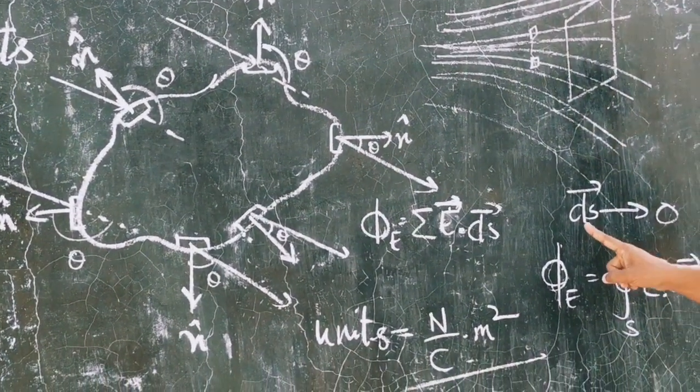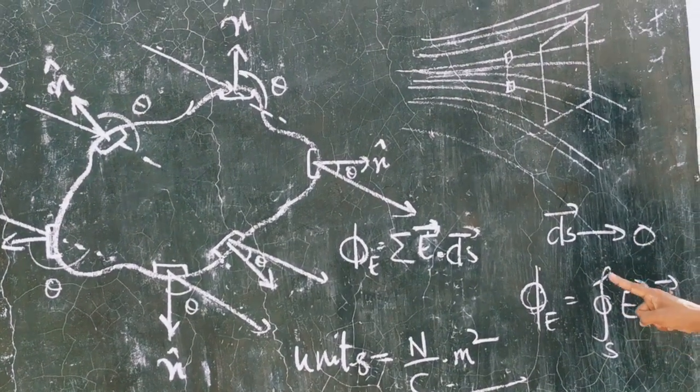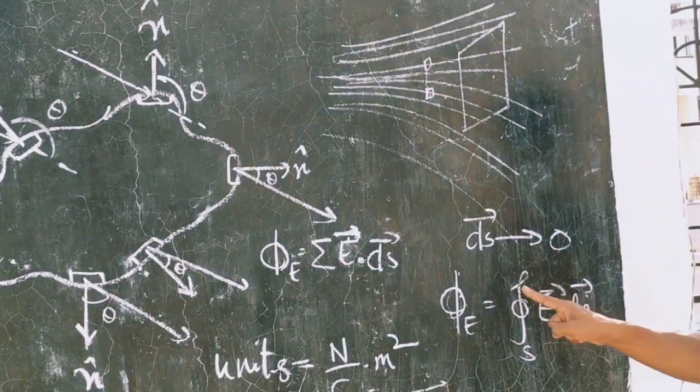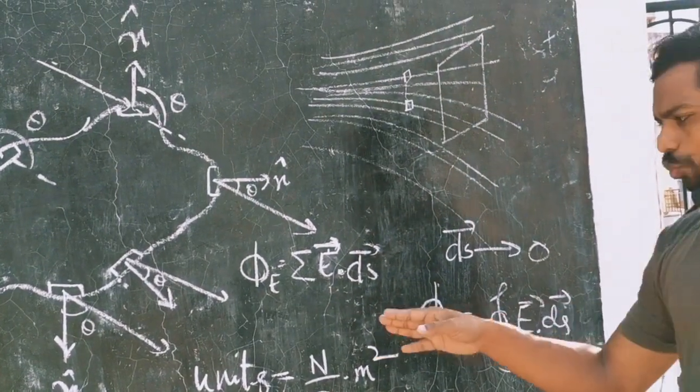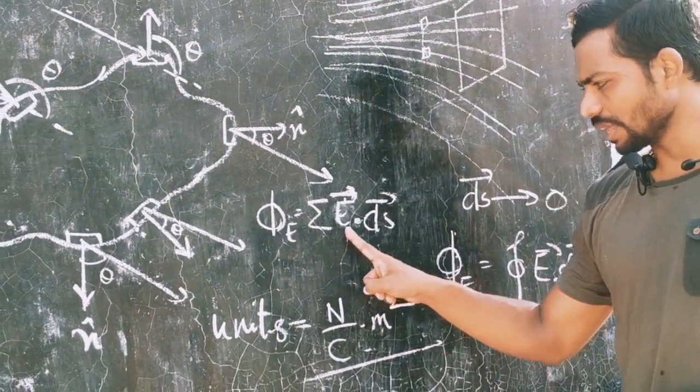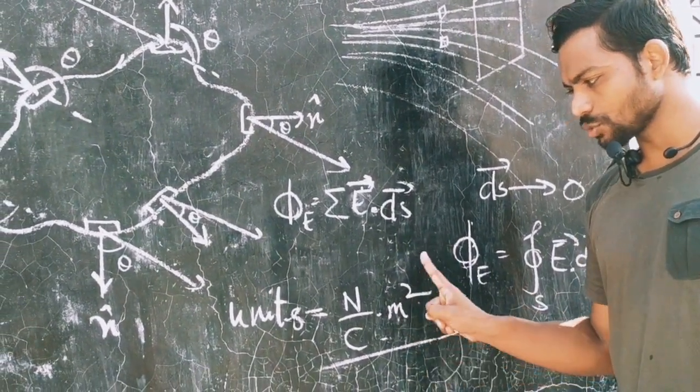Since we are taking very small area elements which tend to 0, we can write this expression as the surface integration of E dot ds. Right. Let's go into the units. E, electric field intensity units are Newton per Coulomb, and area is meter square. So these are the units.